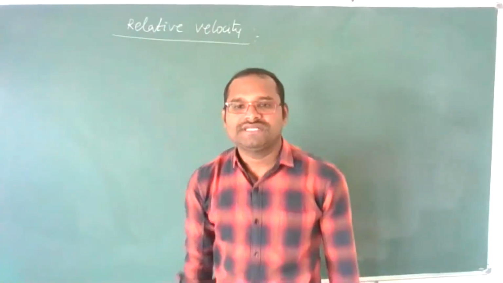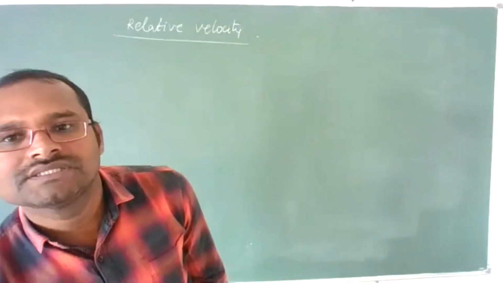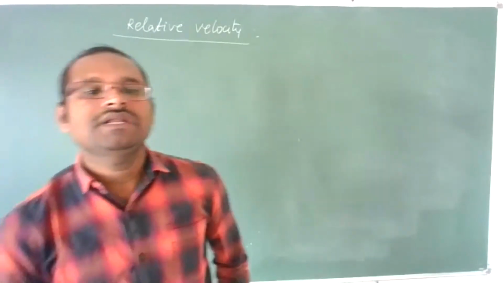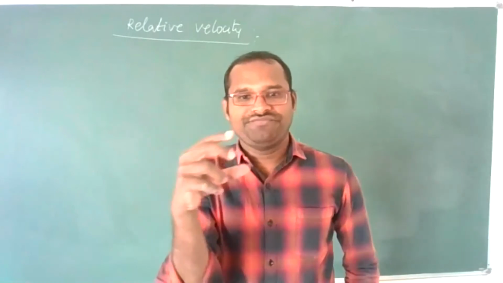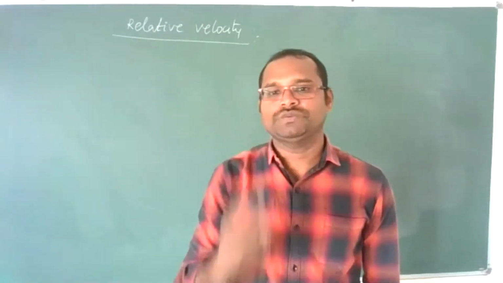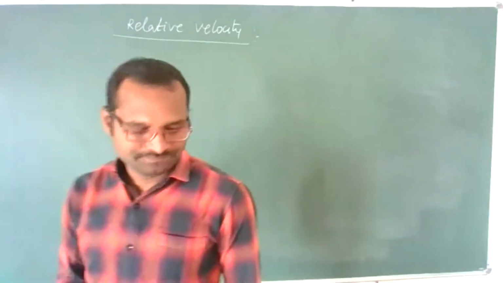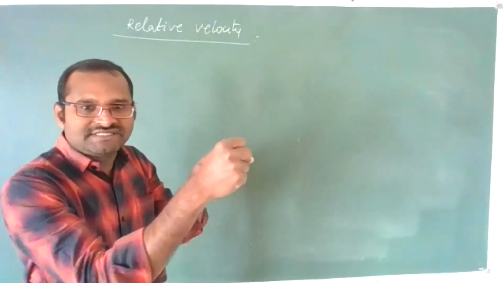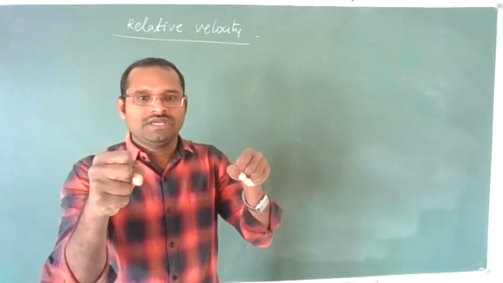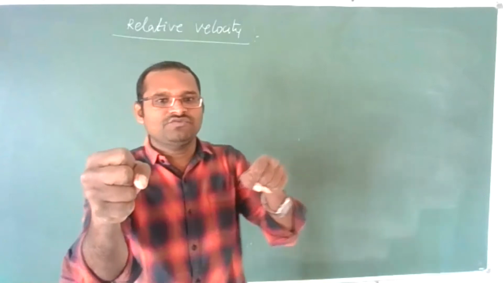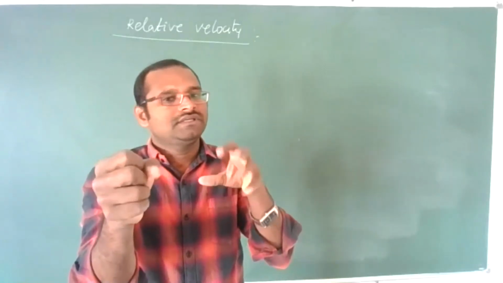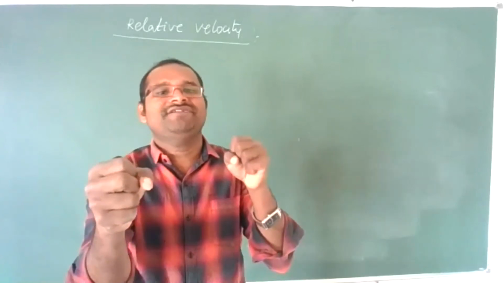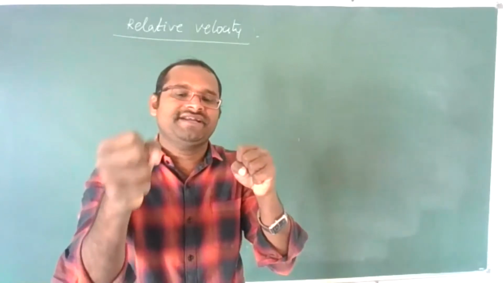First, I am telling you the use of relative velocity: it will make our problem simple. See here, two objects like this. One is moving with some velocity, another is moving with some velocity. One will travel for a time t1, the other for a time t2.